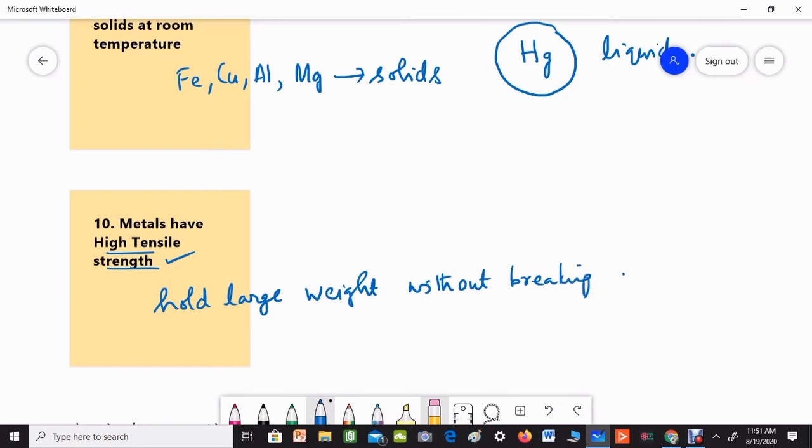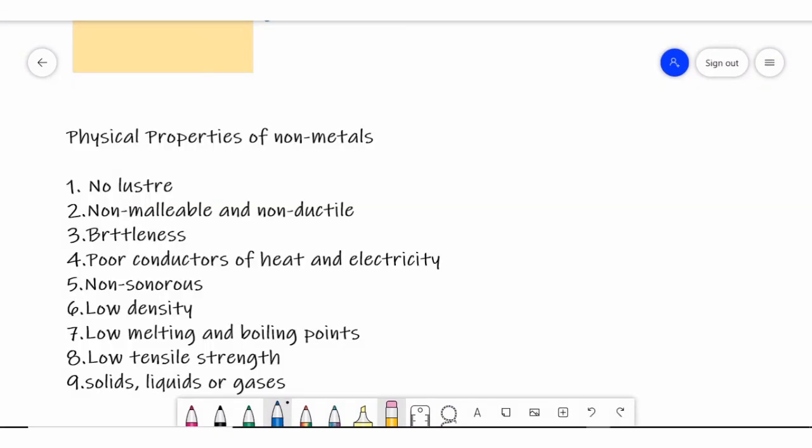This is due to the property that iron is used in the construction of bridges, buildings, railway lines, vehicles, machinery parts, etc. So this is a very important property of metals. So far we discussed the 10 properties of metals.